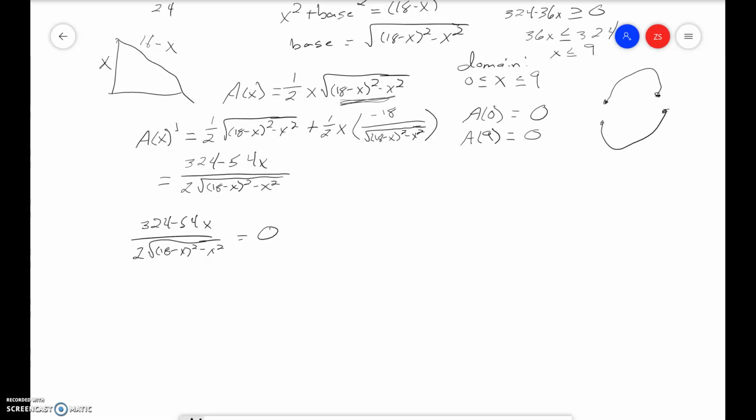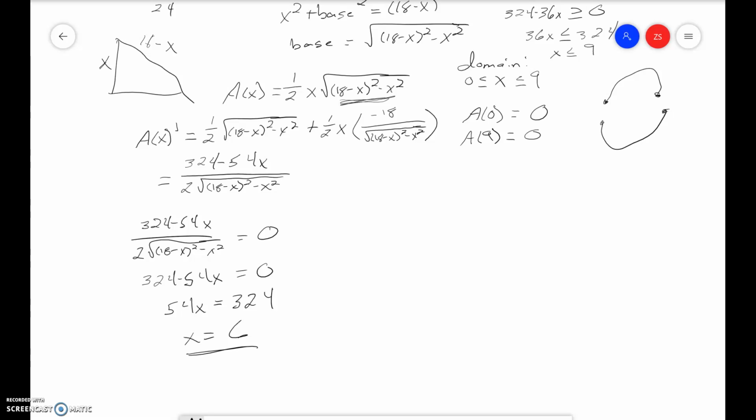Multiply by the denominator here on both sides. Cancel it out on this side. And because we got 0 on the other side, it stays 0. And we can move over our 54x equal to 324. And we know x is going to equal 6 here.